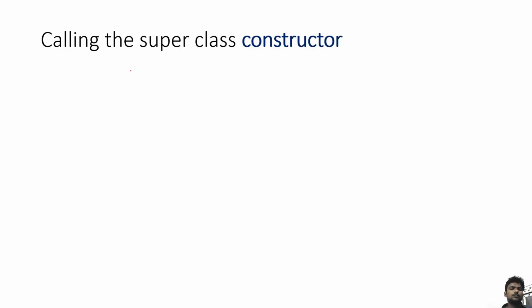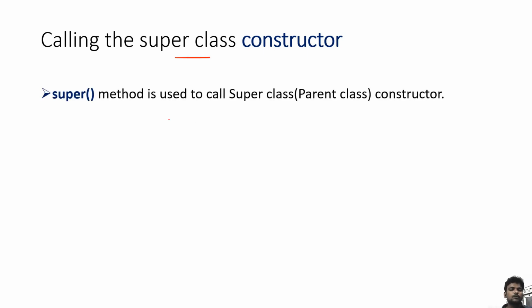Now next one, calling the super class constructor. By using the super keyword, we can call the super class constructor. This time we need to use the super method. The super method is used to call the super class, that is the parent class constructor.